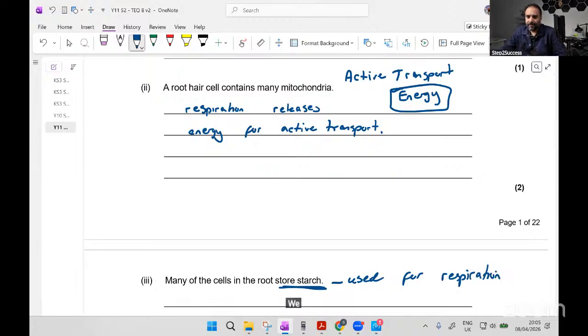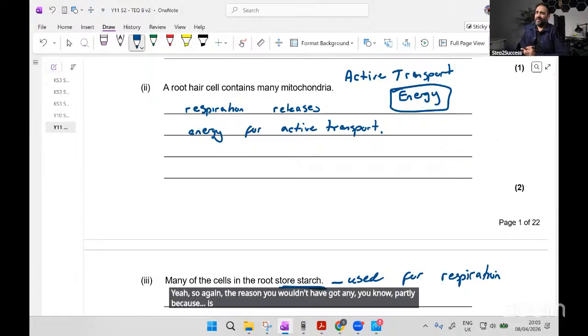We have another question. Yeah, so again, the reason you wouldn't have got any note partly is because it wouldn't have been posted until probably Tuesday yesterday, just because of the bank holiday weekend. Nothing would have gone until then. So that's fine. This happens if you attend online over the weekend. It will be a delay, but it's okay.